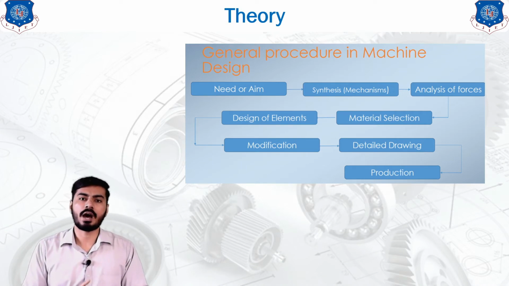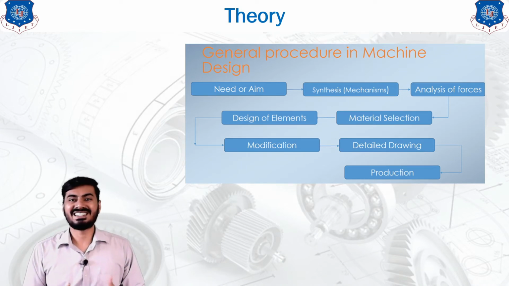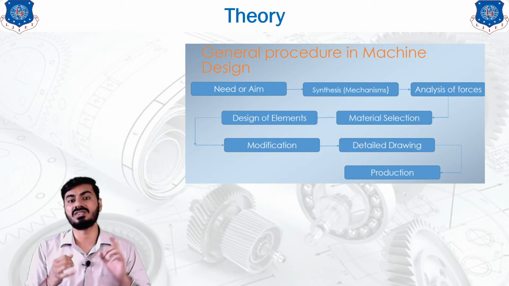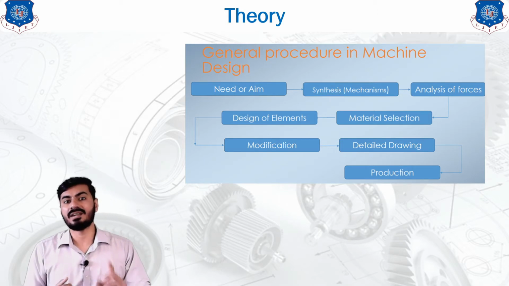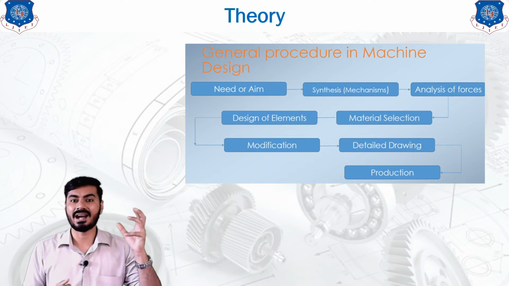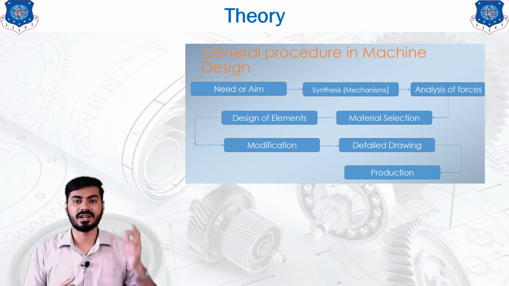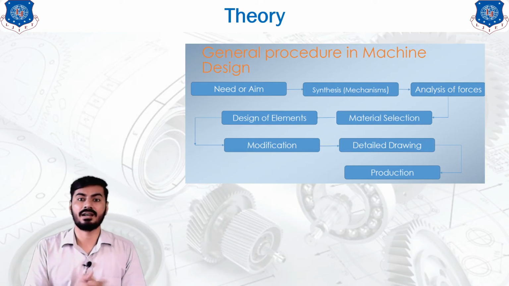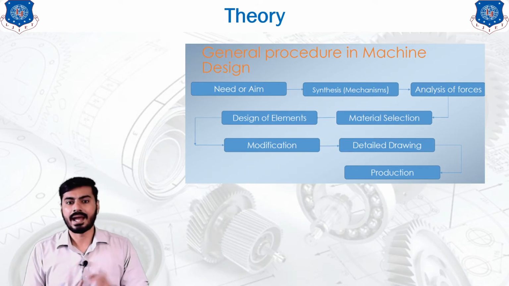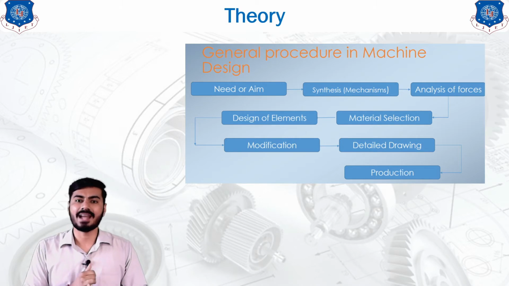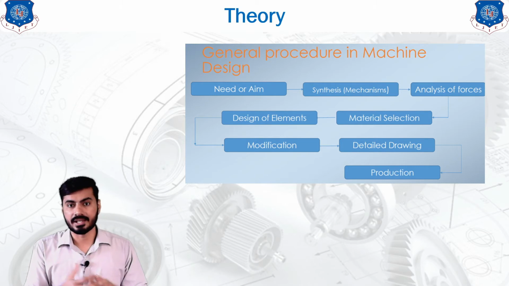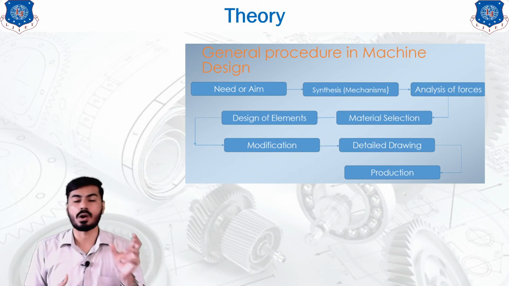Okay, so now we will start with the first one. The design procedure starts from the moment that you think about the design. Whenever you are thinking of an idea about any machine or any component in your mind, at that moment the design procedure gets started. So that idea or the purpose for which you are going to design a machine is known as the need or aim.